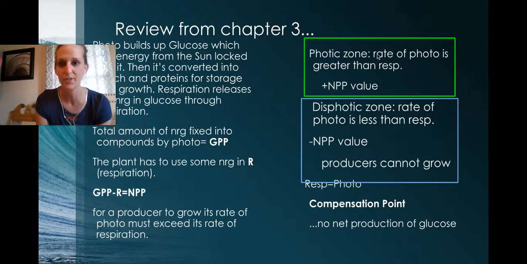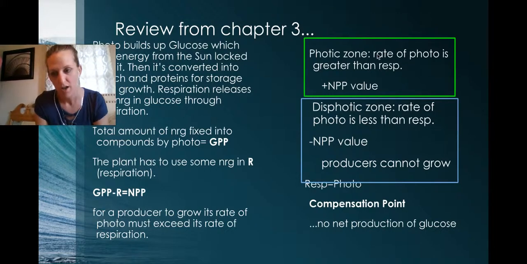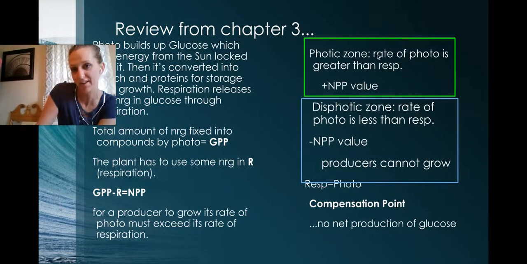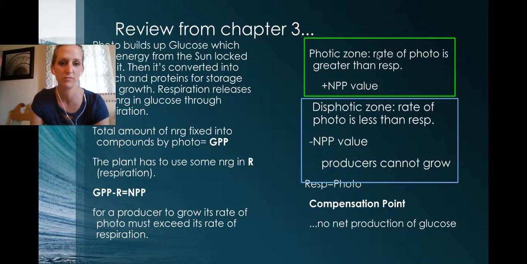This has a negative net primary production value because they're taking energy and they're not gaining. They're investing just to stay alive, but they're not gaining from it. It's costing them more to try and oxidize glucose and break down glucose. They're not gaining ATP. They're spending more ATP to try and break it down. Again, compensation point. There we go.